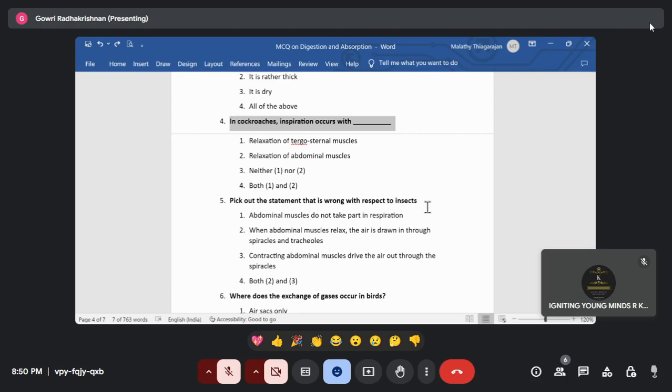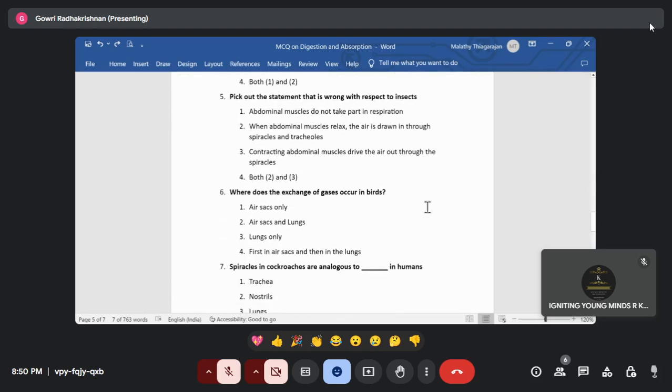All right, fifth question. Pick out the statement that is wrong with respect to insects.